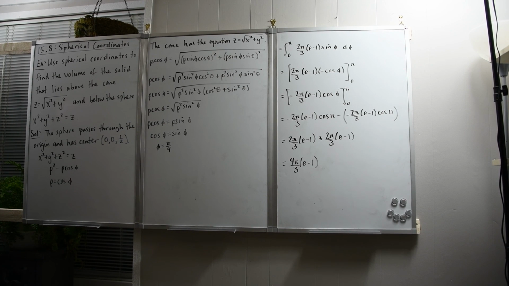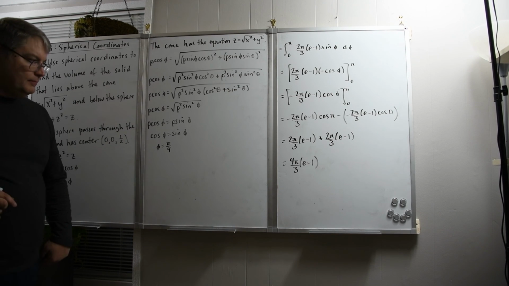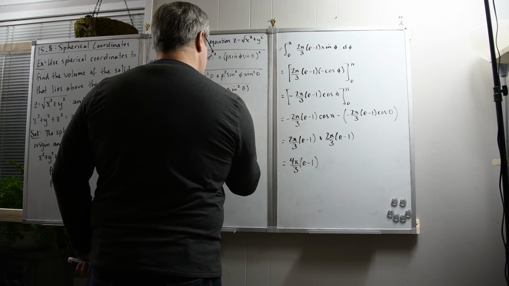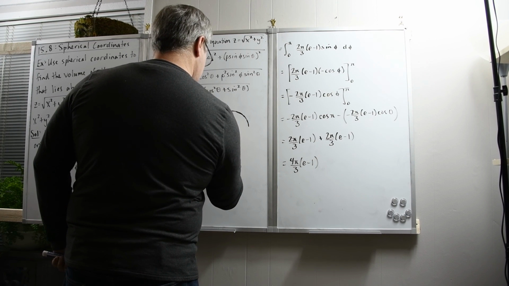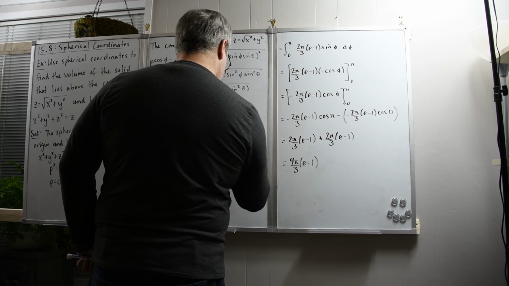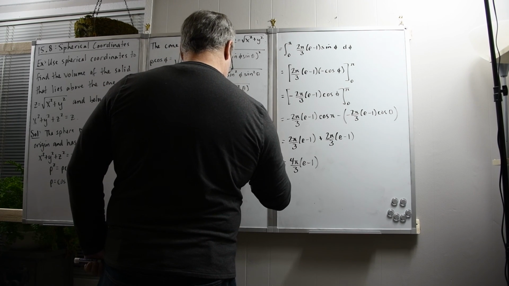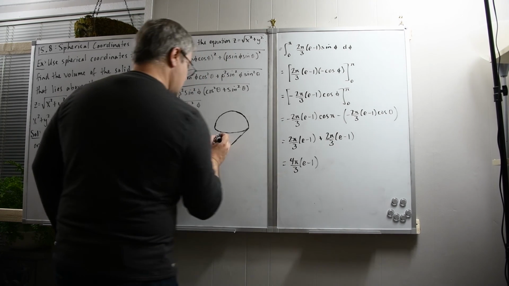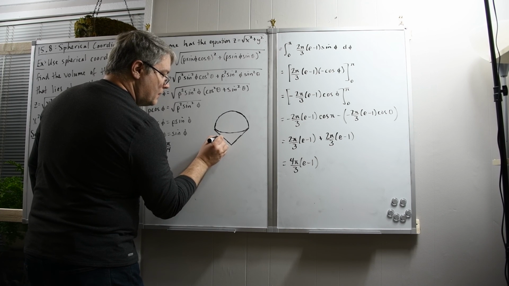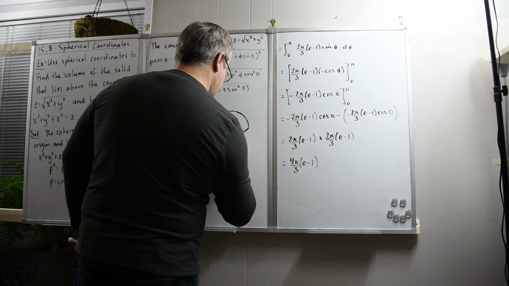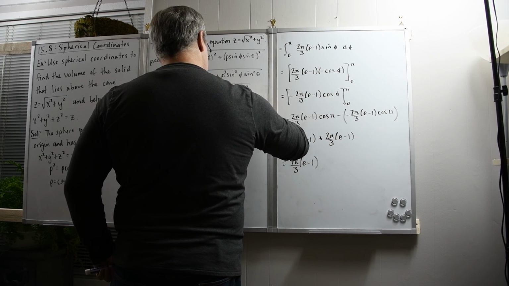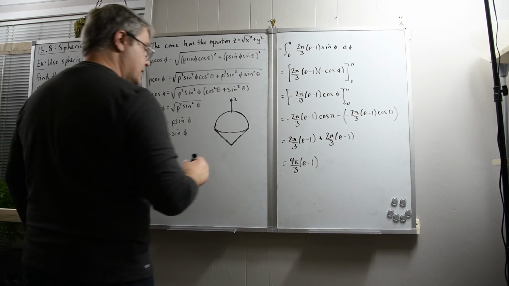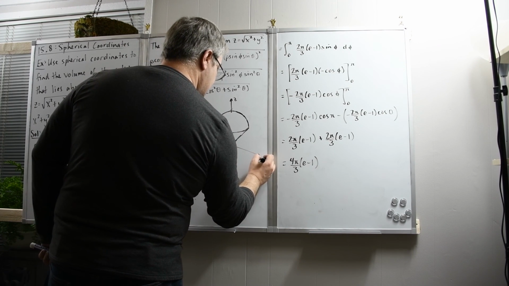Well, if you think about what this picture might look like, where we have a solid that lies above this cone and below the sphere, imagine a picture that looks something like this. So maybe our z-axis would be there, maybe the x-axis here and the y-axis there.